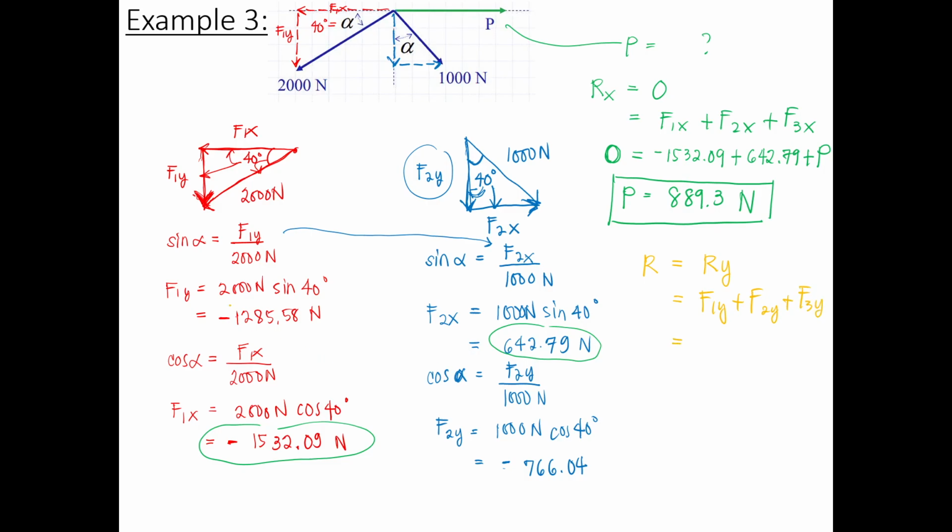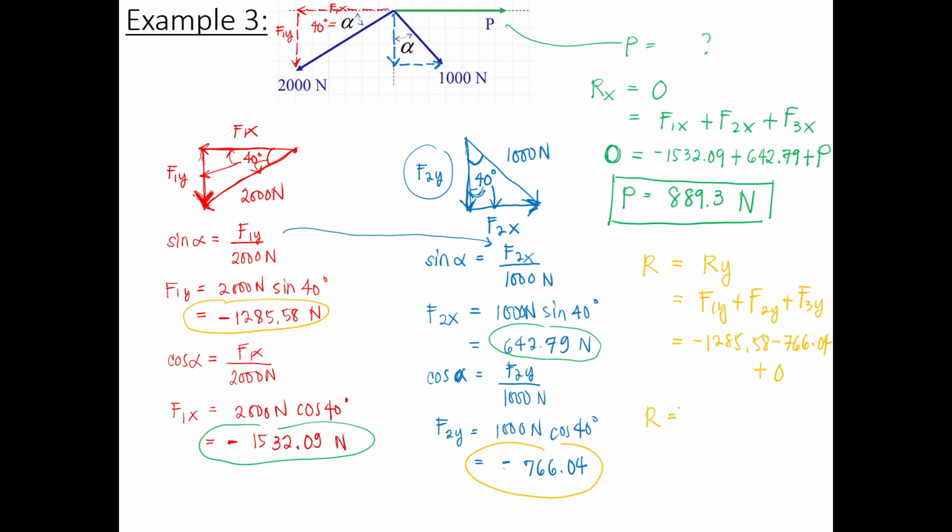F1y is negative 1285.58, plus the second vertical force, negative 766.04. Then the third vertical force is 0.